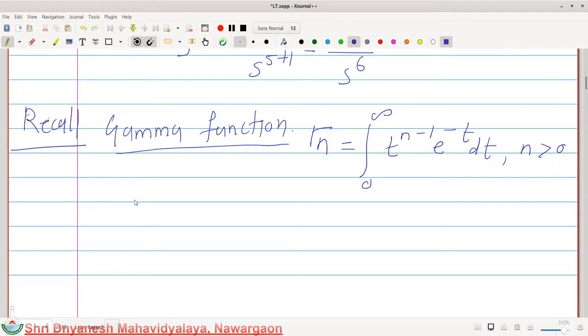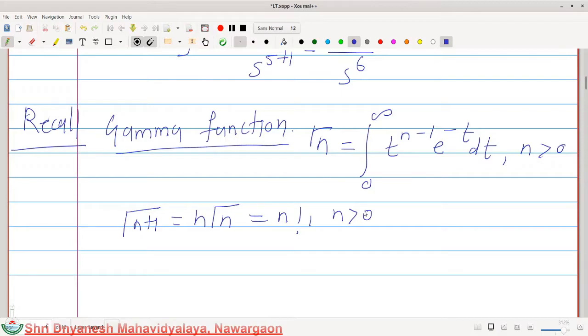One more I would like to write, which will be helpful in later examples. What is gamma n plus 1? All this you already did in the previous semester. This is n gamma n, or n factorial, when n is positive.